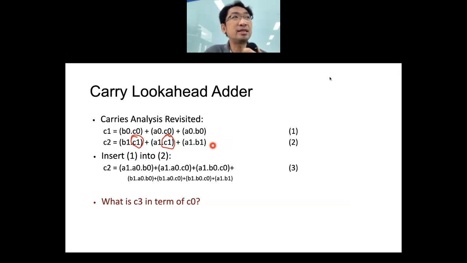But we will get the correct result only when C1 is completed. That means C2 changes over time until we get C1, so that we can get the correct C2. But if we don't want to wait for C1, how can we do that?